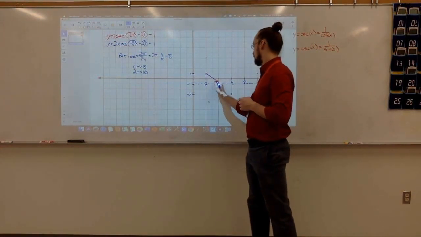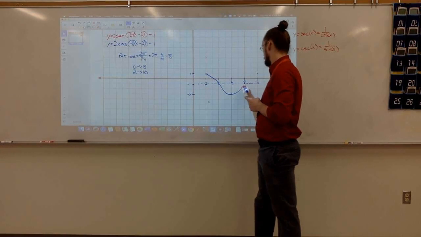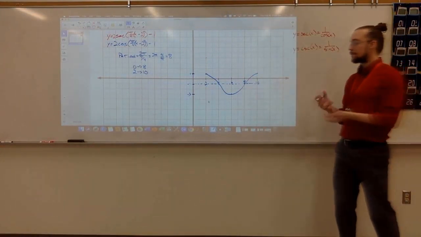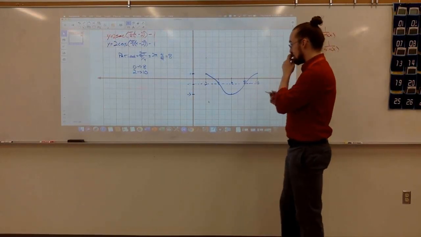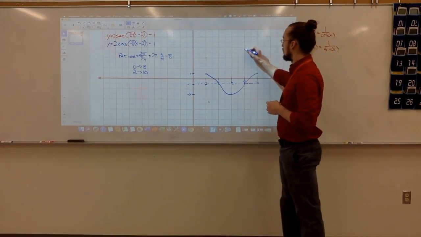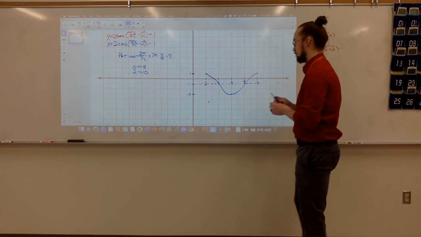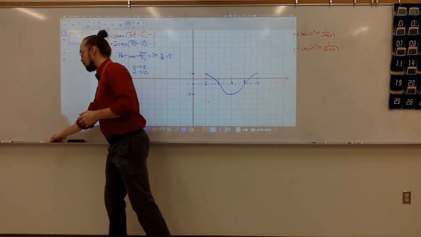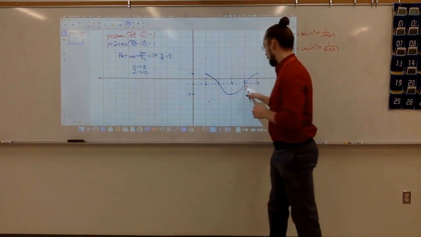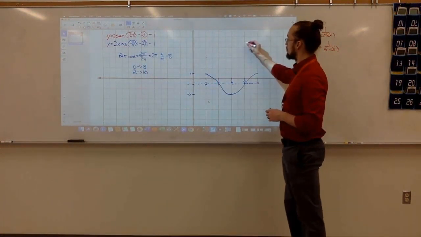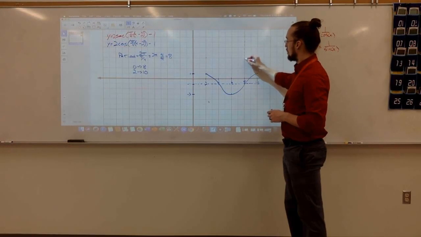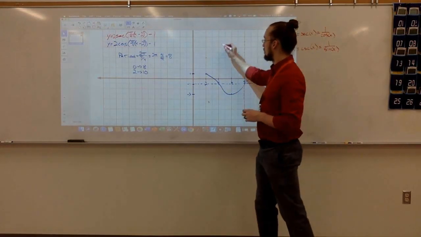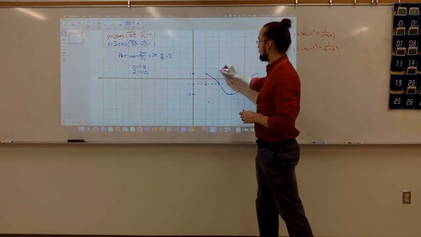So this would be 1 period of cosine, and my asymptotes for my secant curve will be where that curve crosses the midline. So that'll be here at 8 and 4.